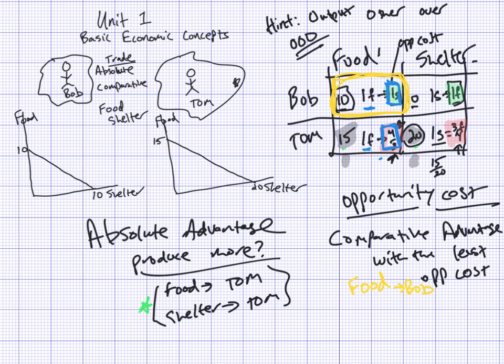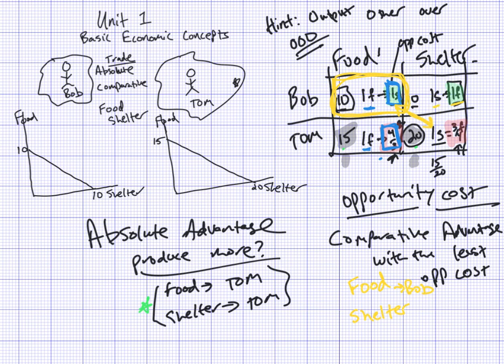Right? Well, what about shelter? Is that Bob as well, or is that one Tom? Well, one of the things to always remember is that the opposite person is always going to have the lower opportunity cost. So Tom is definitely going to have the lower opportunity cost in shelter, but we can use the numbers to compare these things. Looking at these, you can see that Bob has to give up one food for that one shelter, like we already talked about.